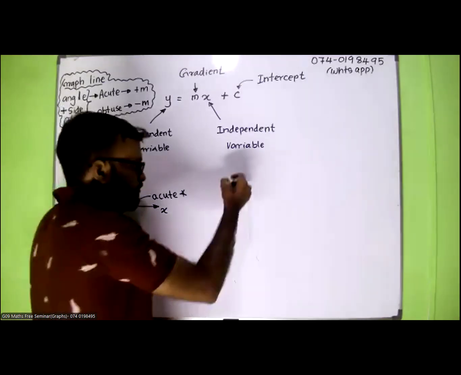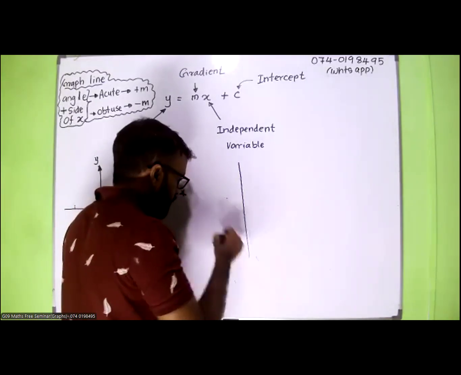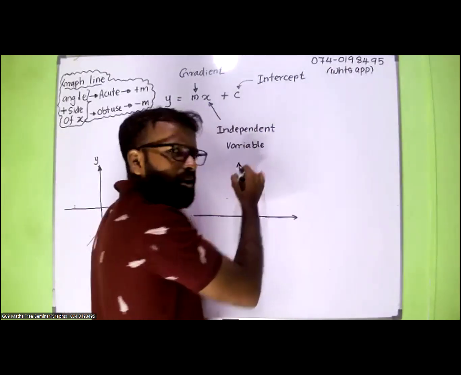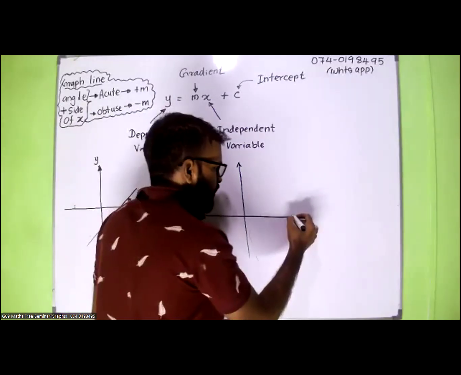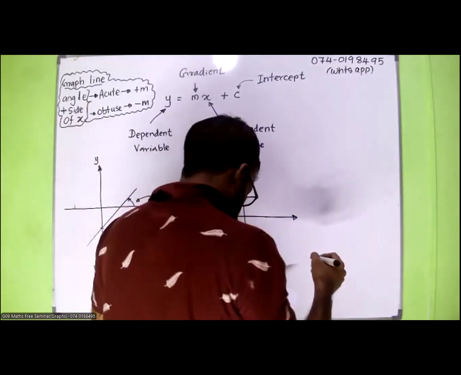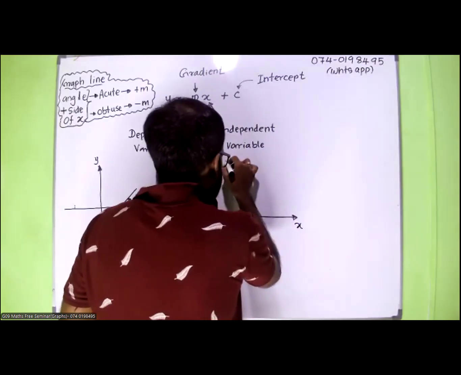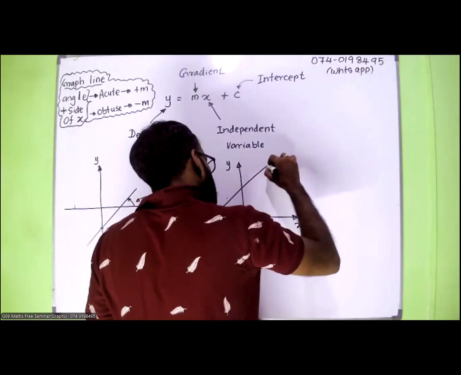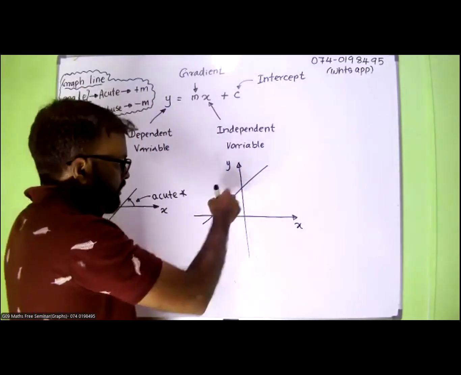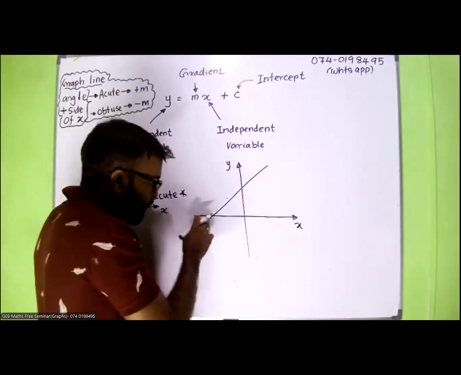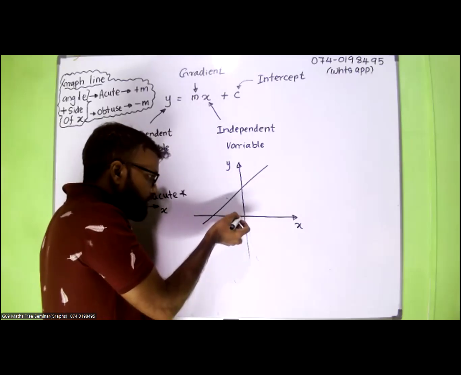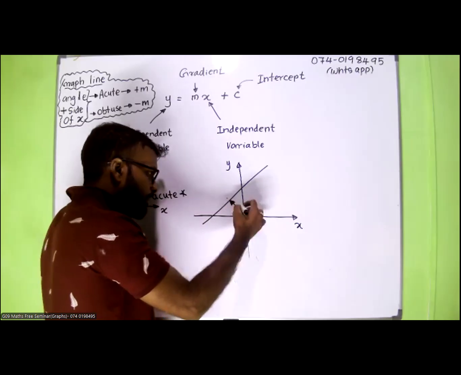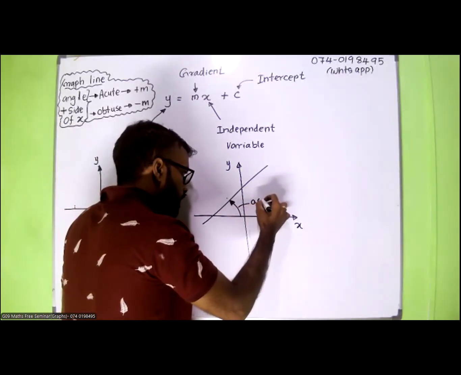Second one. Now there is a pattern. Catch it, so you can understand this very easily. This is X, this is Y. Again with the positive direction of the x-axis, this angle is acute.